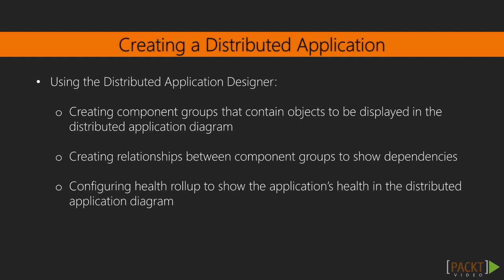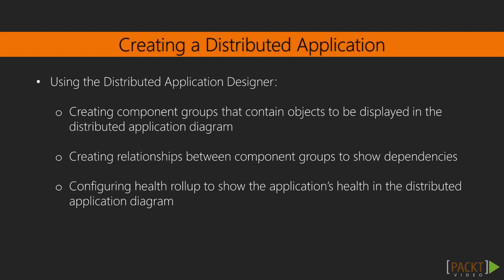For example, I will create a relationship from the web application that uses the database that's hosted on the server that's running SQL. I can also create two component groups, one named My Website and the other the Website Database, and then show a relationship from the website to the website database component.